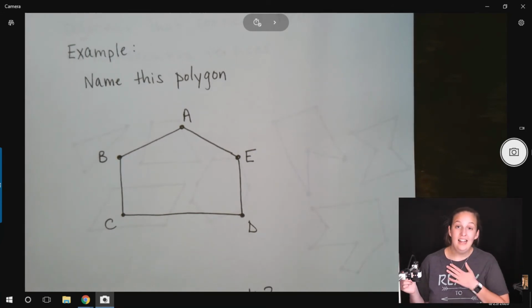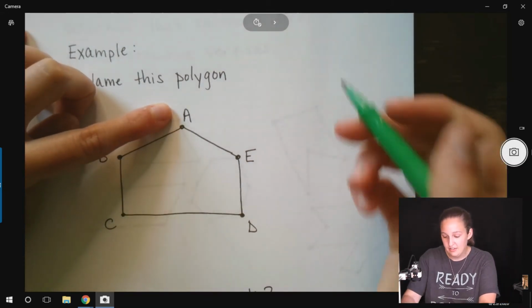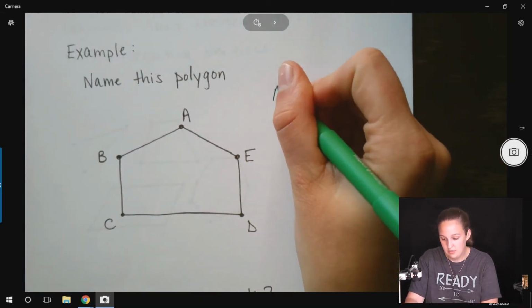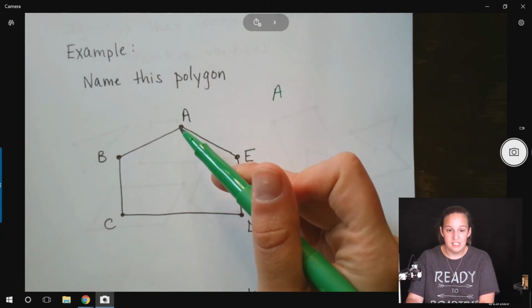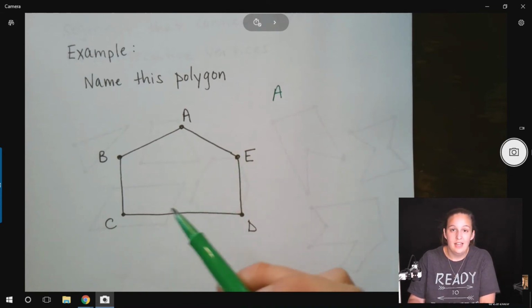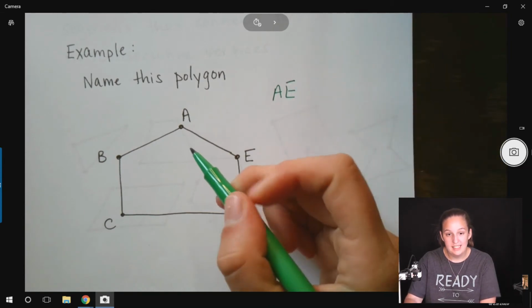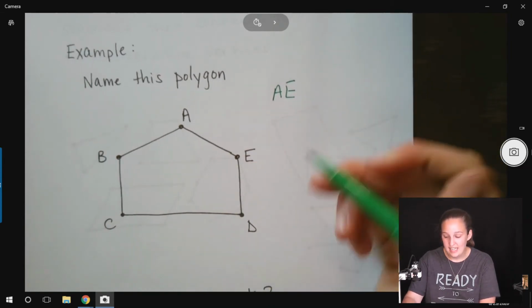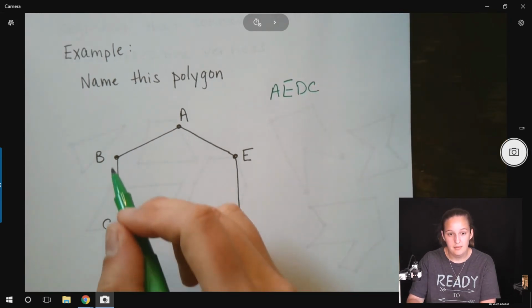I like to start at A. If we start at A, then you can go to one consecutive vertex. So you can go this way or you can go this way. I like to go clockwise, but that's up to you. So going clockwise: E, D, C, and B.